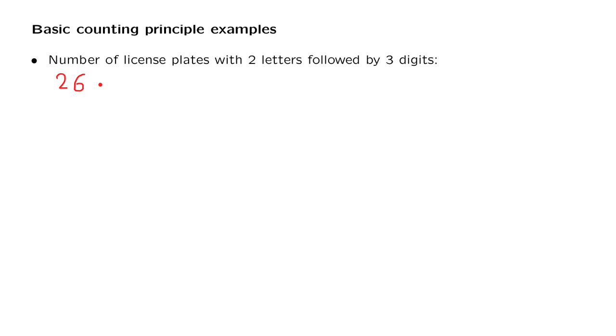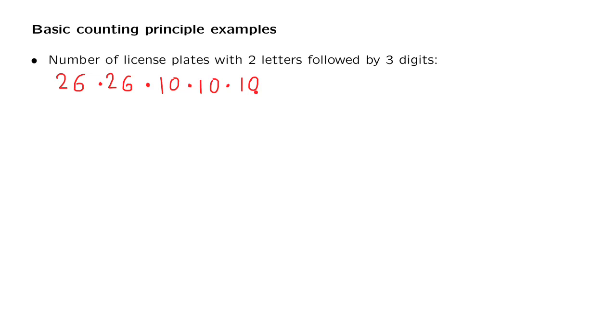Then we need to choose the second letter and we have 26 choices for that one. Then we choose the first digit, we have 10 choices for it. We choose the second digit, for which we have 10 choices, and finally we choose the last digit, for which we also have 10 choices. So if you multiply these numbers, you can find the number of different license plates that you can make with 2 letters followed by 3 digits.